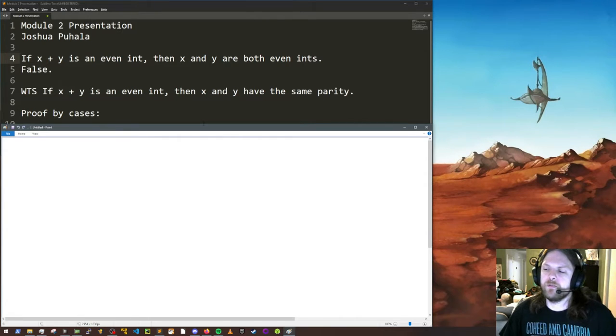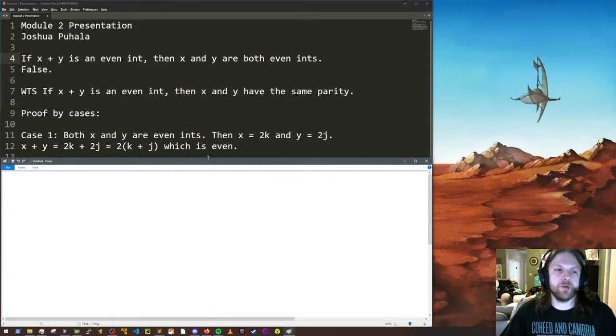I considered doing proof by contradiction, but this one only has a really limited number of possibilities. So I chose to just show all three options of what can happen, and proof by cases was just easy to show all outcomes.